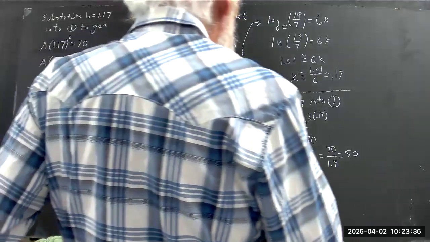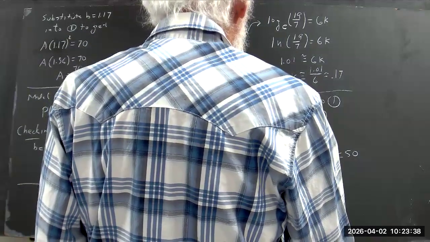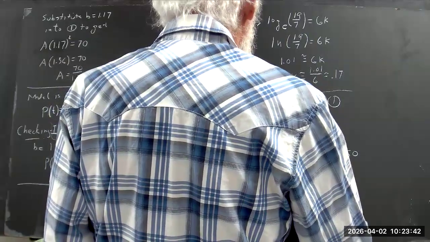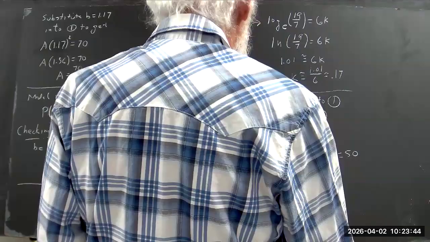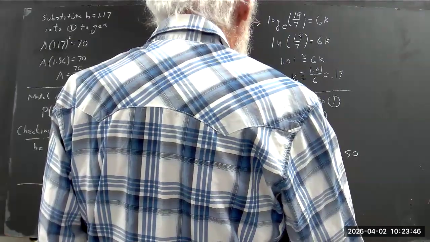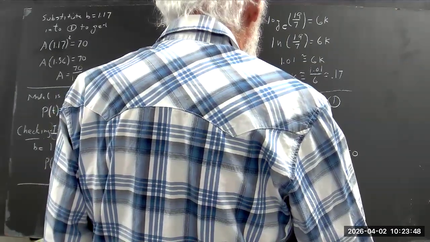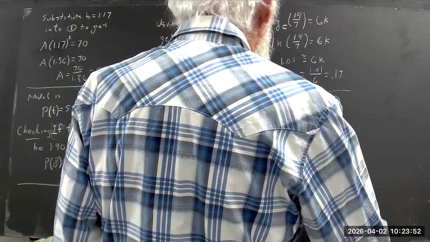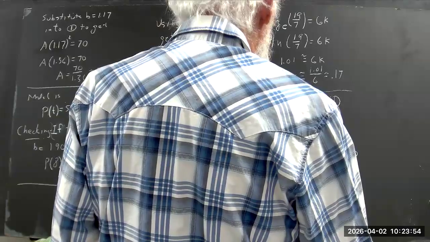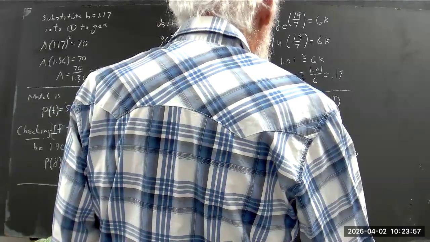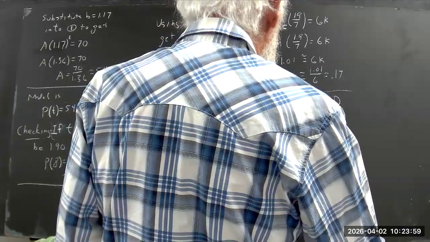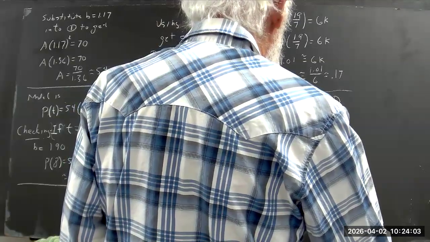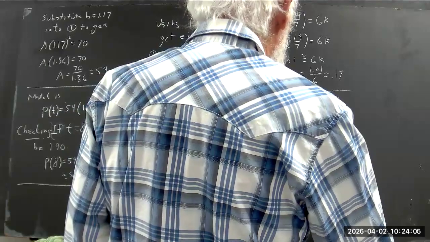So now we say the model is P of T equals A e to the kT, which equals 50 times e to the 0.34 t.